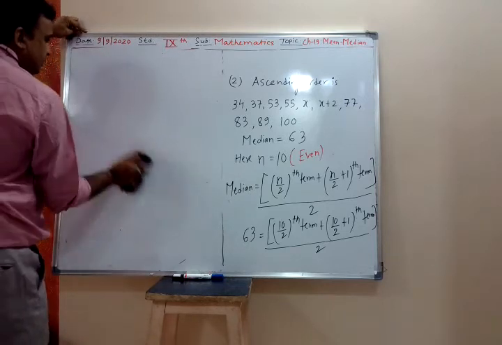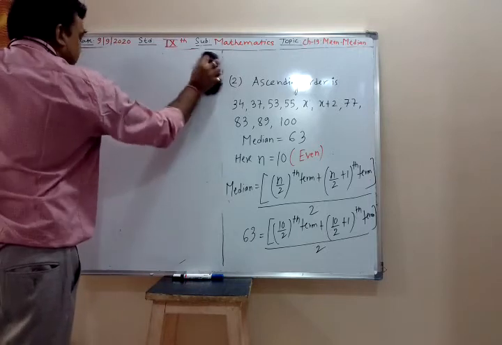So 63 is equal to 5th term plus 6th term, whole divided by 2.